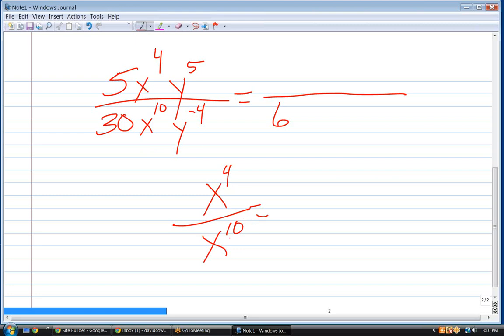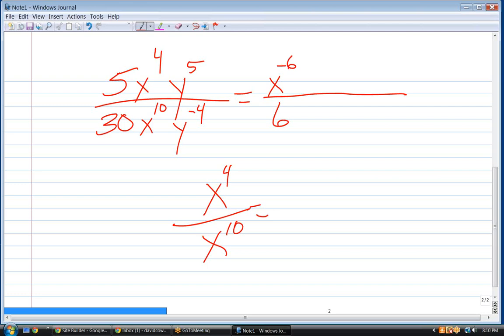So what's x to the 4th divided by x to the 10th? That'd be negative 6. And it goes there for the moment, because usually they have instructions saying don't leave any negative exponents in your answer.